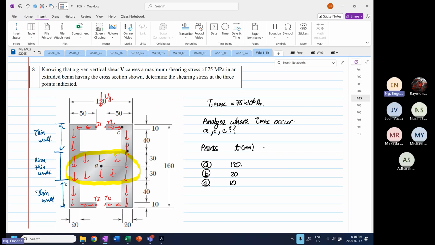In terms of Q, at point C is Q min. At point A is our Q max. At point B is neither Q max nor min, just a certain value Q.